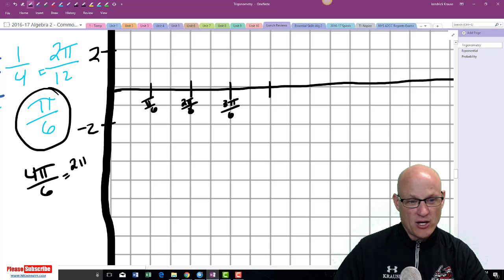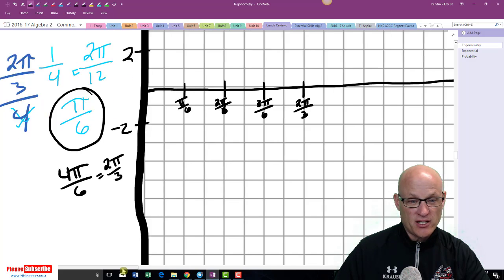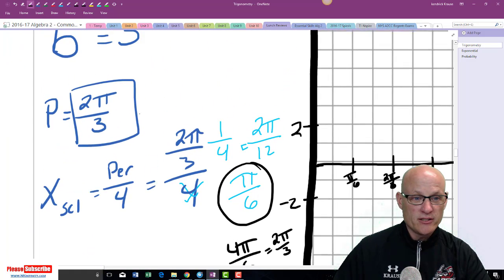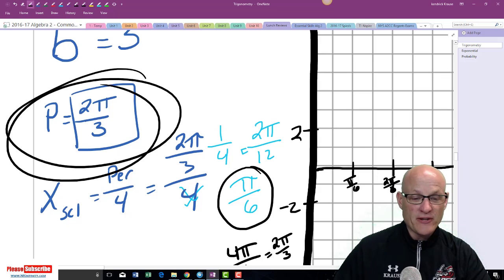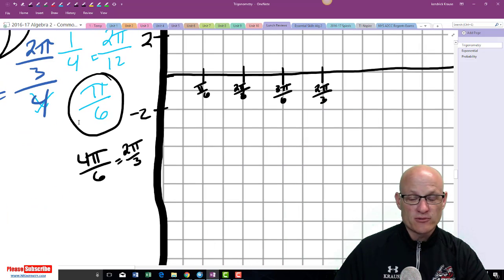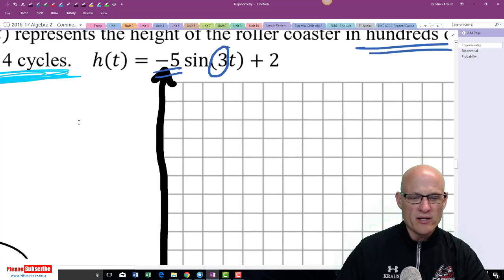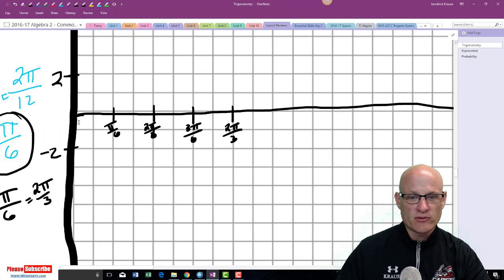But isn't that just 2 pi over 3? Now, the reason I reduced this one and not the others is because isn't my period 2 pi over 3? So I should finish one full sine curve. Wait, sine or cosine? One full sine curve in 2 pi over 3.